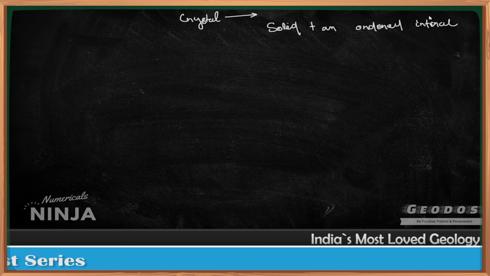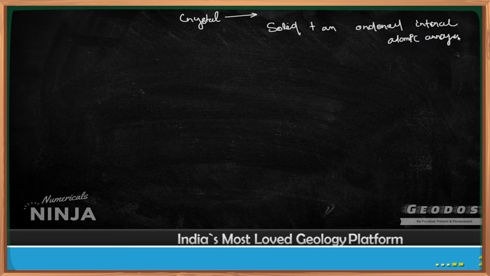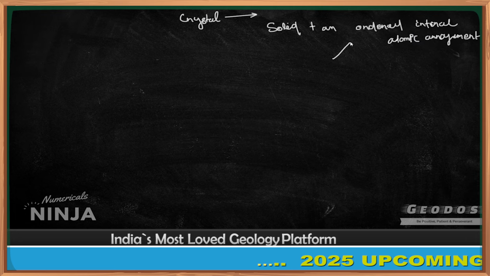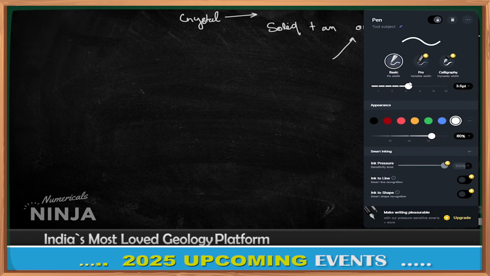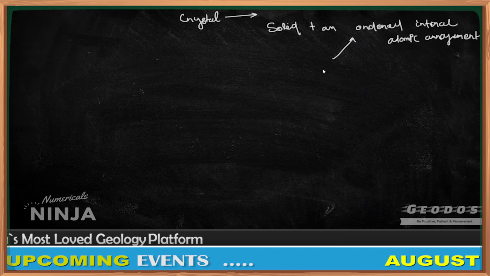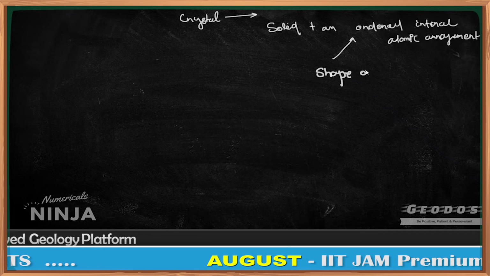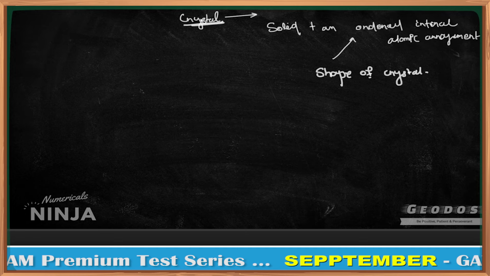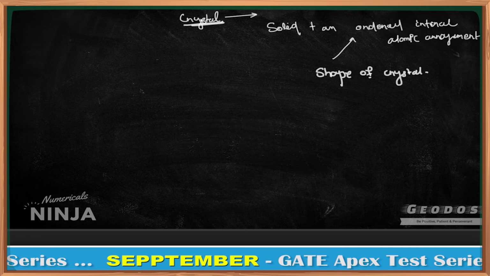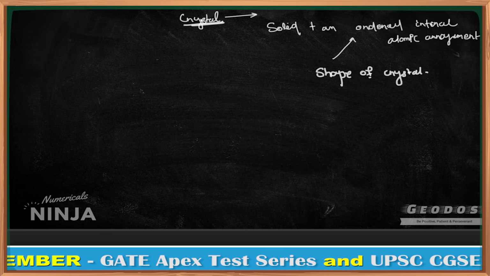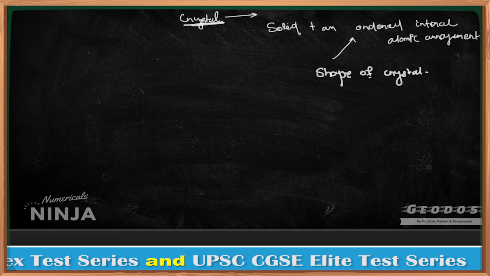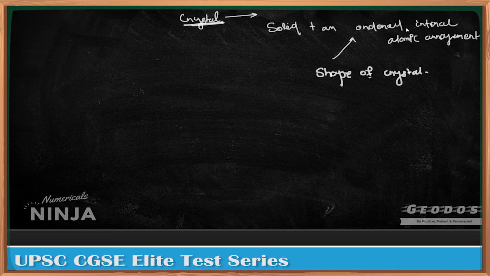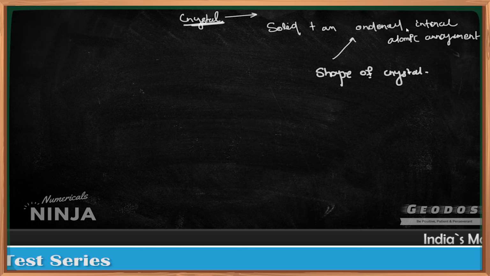This ordered internal atomic arrangement is going to give you the shape of the crystal. Crystallography is the study of crystals, so I am giving you a comprehensive definition. It is a solid having an ordered internal atomic arrangement, and this arrangement is going to reflect the shape of the crystal.